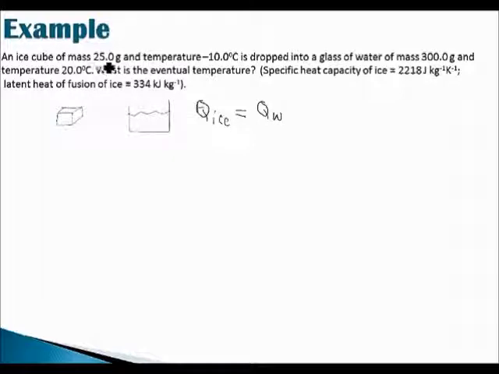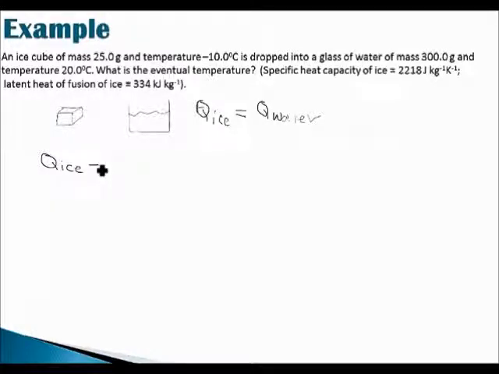Basically, the ice cube gains heat, and the water loses heat, because in thermal equilibrium, heat transfers from warmer to colder. So these two are going to be exactly the same. Whatever heat is lost by the water is going to be gained by the ice cube.